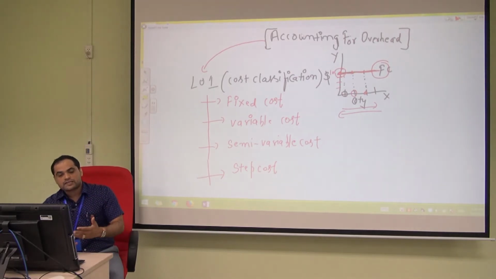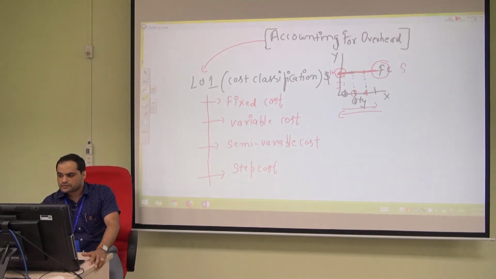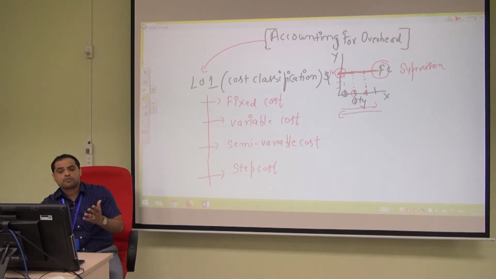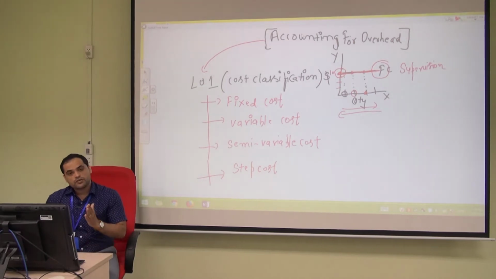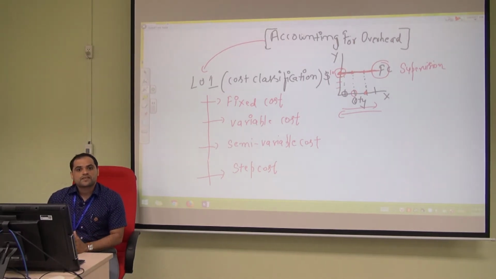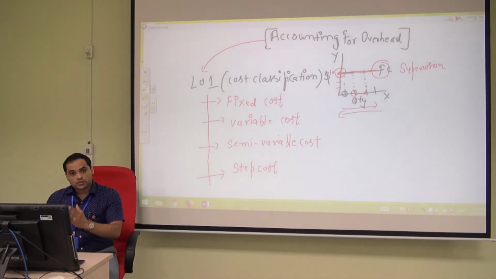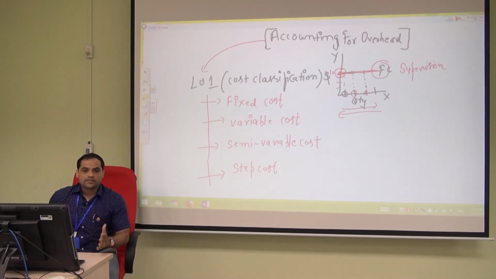So what are the examples of the fixed cost? The best example of the fixed cost is the cost of supervision. No matter production increases or decreases, the cost of supervision will be the same, because if we are producing one product, we need a supervisor. If we're producing 5, 10 products, we still need a supervisor. That's why the cost of supervision is a fixed cost.